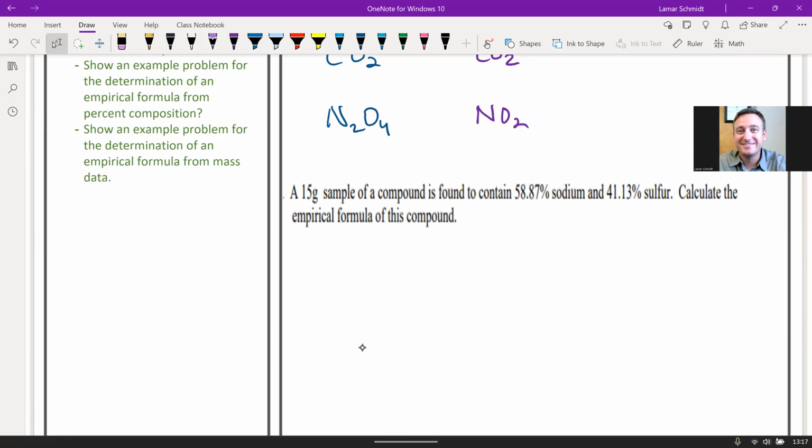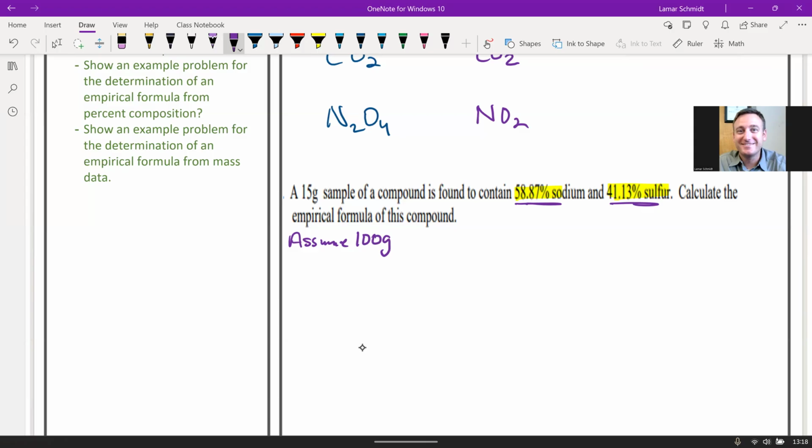So we could also avoid doing that calculation just by doing one thing. Anytime you are given this percent composition, and this only works because it does not matter about the sample size, right? That stays the same. So if you just assume 100 grams, then you can use your percentage as your mass.